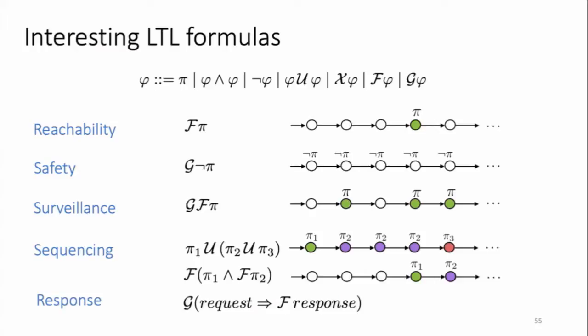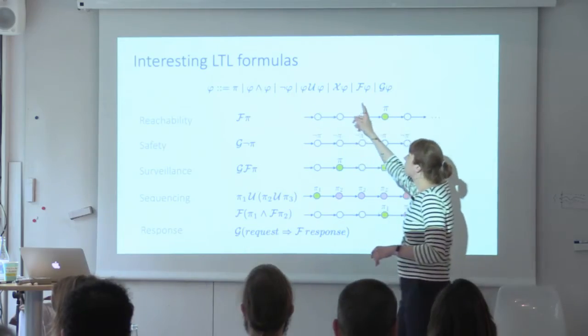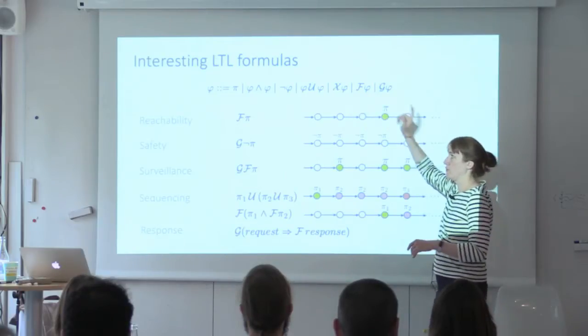It's false because the first part of this is false. So with propositional logic, you really capture what holds in a particular state in the system. Linear temporal logic is an extension of that towards evolution, towards sequences of states. So what we have are operators that say until, next, eventually, always.